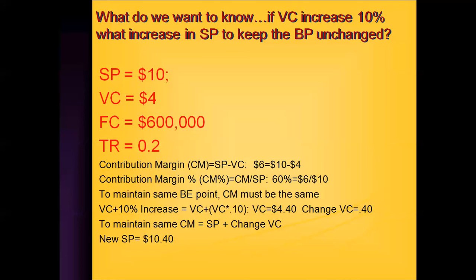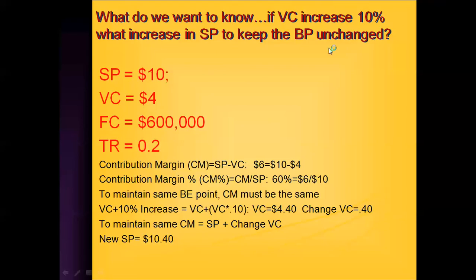Your costs will ultimately change. Your vendors might pass through a price increase, the people you buy your materials from, and if you want to keep your break-even point unchanged, you would want to be able to compute that relatively easily.